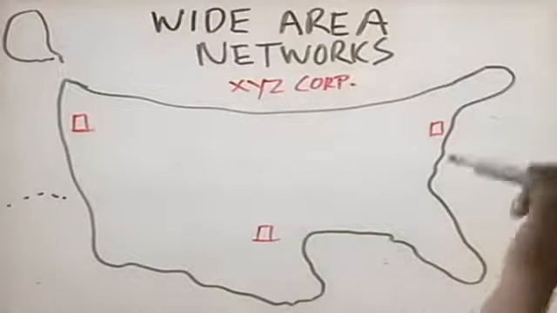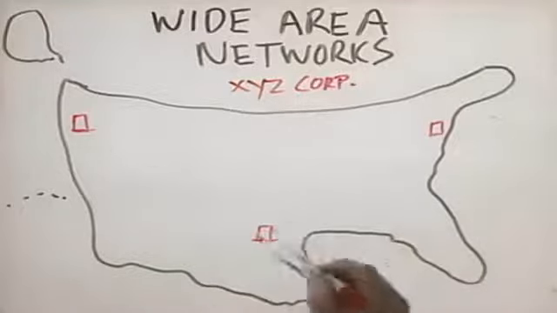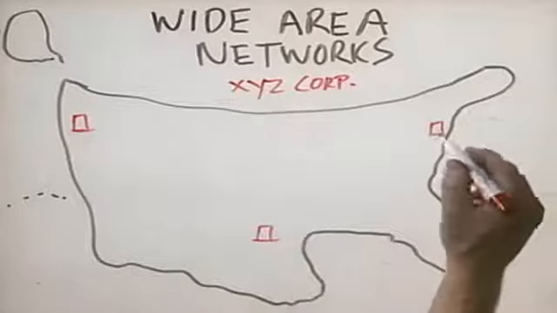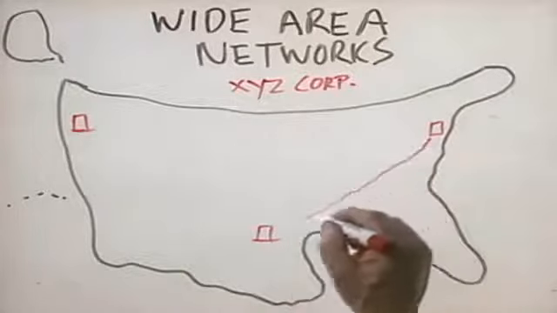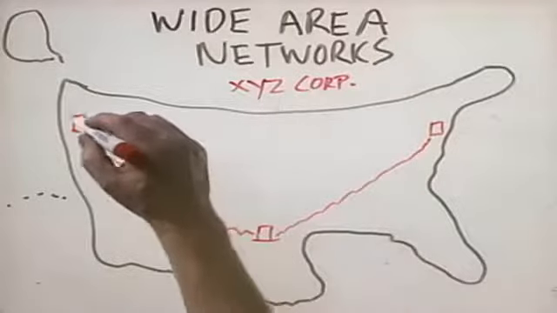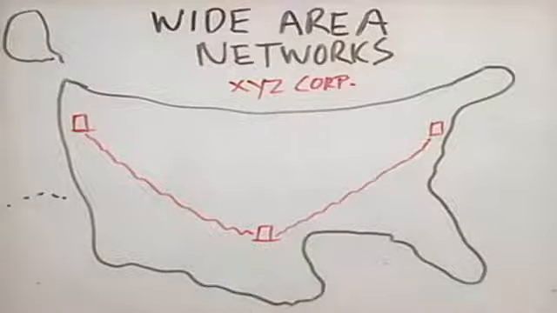Now, users in these different locations occasionally need to have access to information at these various different sites. To make that possible, we've connected them in some way so that these local area networks are internetworked together, making a very large internetwork or a wide area network.